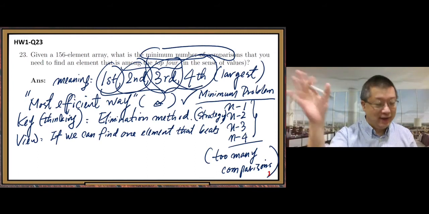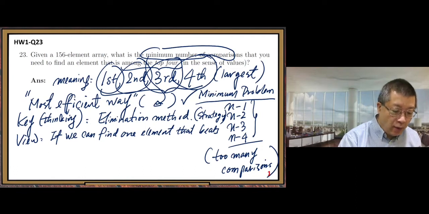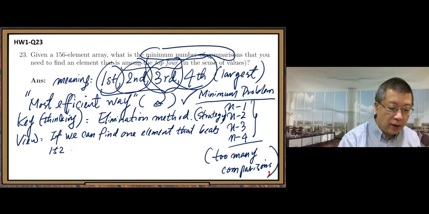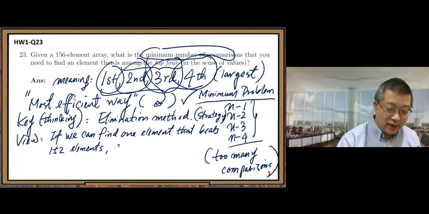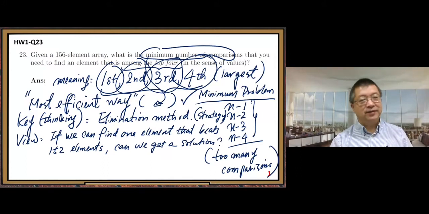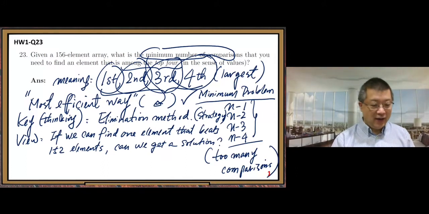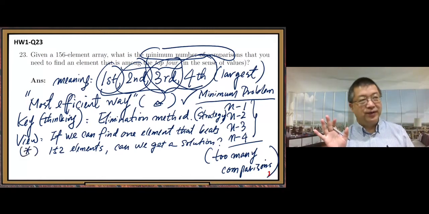So if we can find one element that beats 152 elements, think about this: can we get a solution? That's the question. This is the critical view.